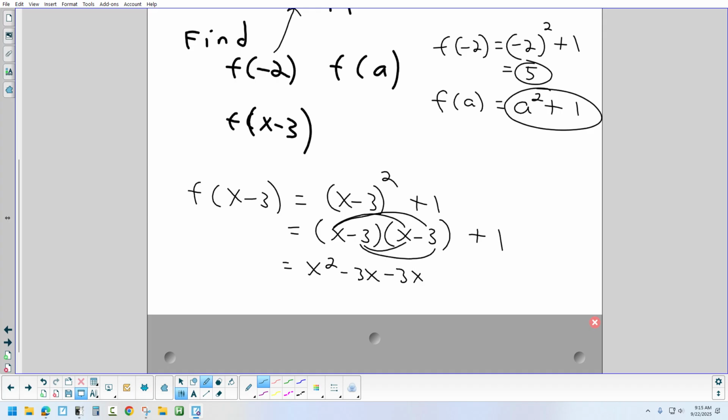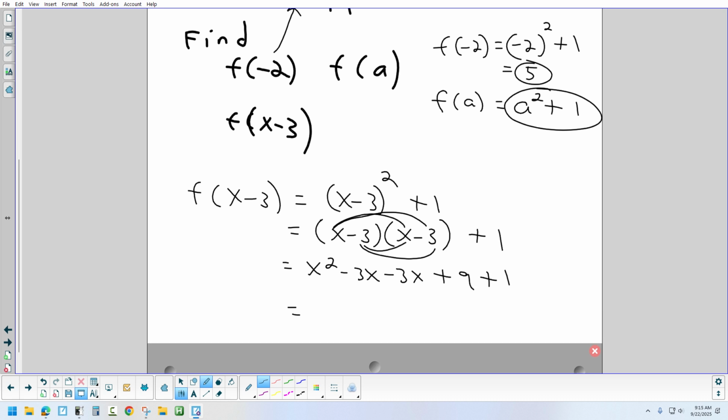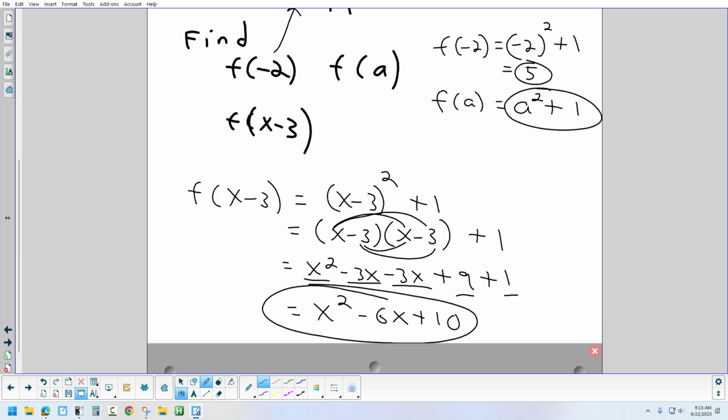And negative 3 times negative 3, positive 9, plus 1. Now we just have to combine everything we can. There's nothing to combine with x squared. How about negative 3x minus 3x? Minus 6x. And 9 plus 1? 10. And there you go.